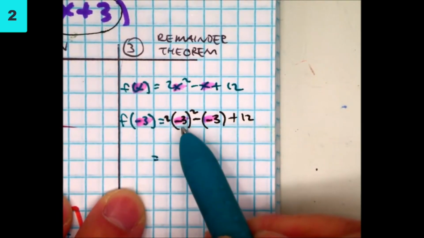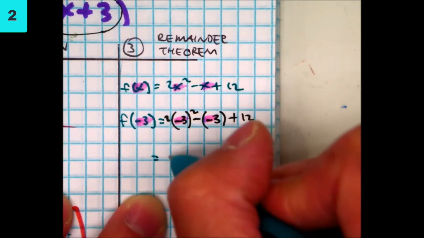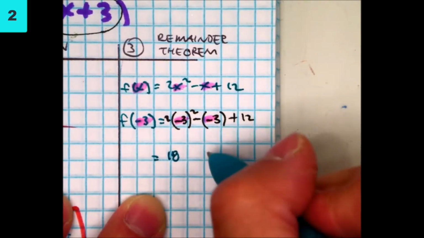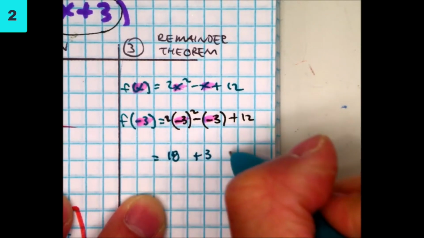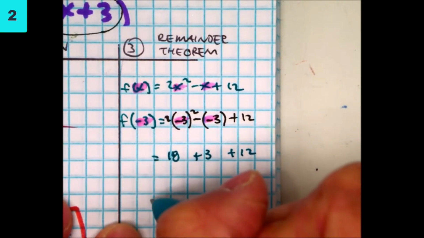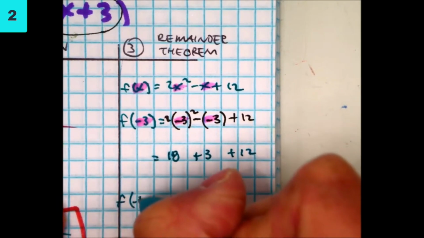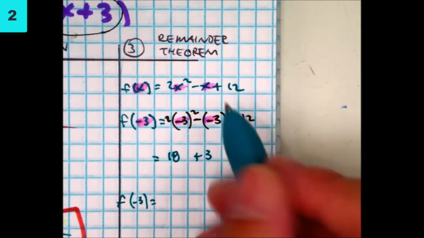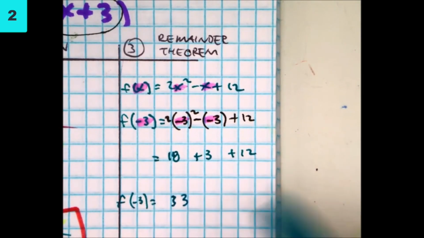Here I'm going to do PEMDAS, so exponents first. Negative 3 times negative 3 is positive 9, times 2 is 18. Opposite of a negative 3 is positive 3, plus 12. So f of negative 3, if you add all those up, you'll get 33.